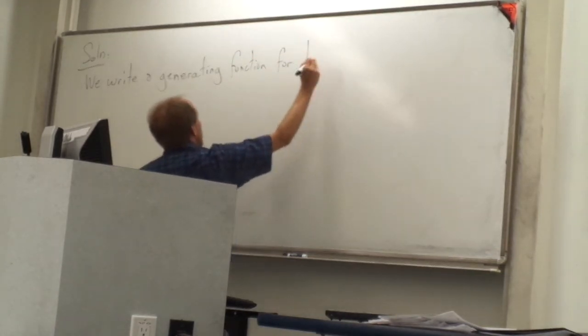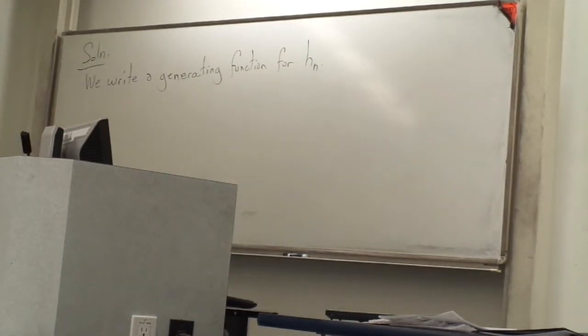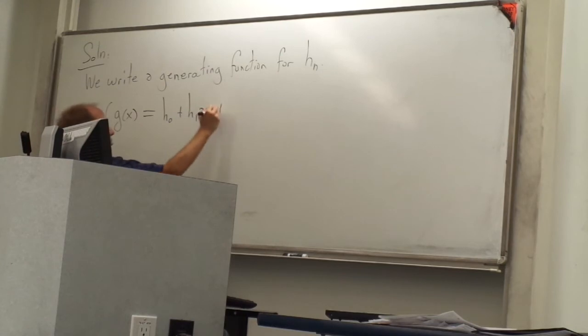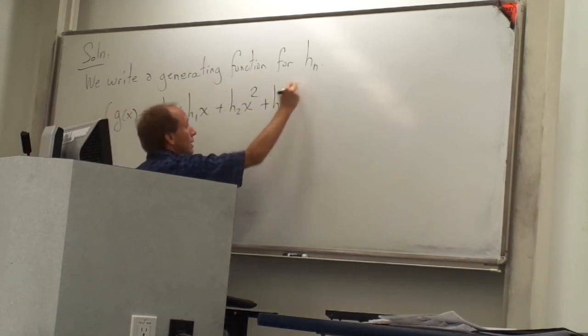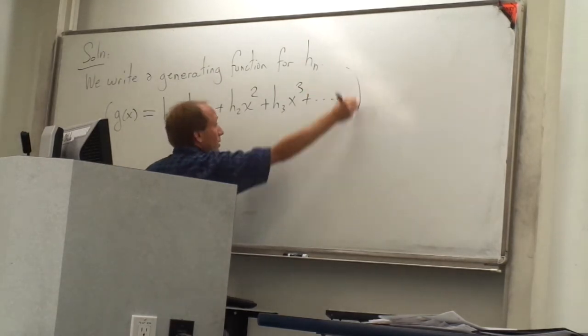We write a generating function for h sub n. Remember, when I say that, what I mean is we're going to write a power series, I call it g of x, and it's got a constant term which is h0, and an x term, which is h1, and an x squared term, which is h2, and so on. In theory it goes on forever.